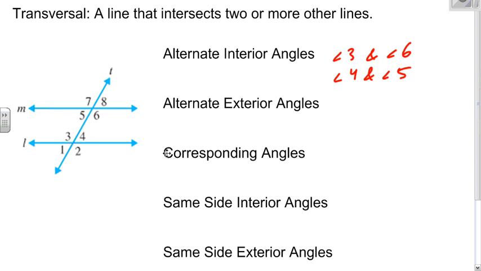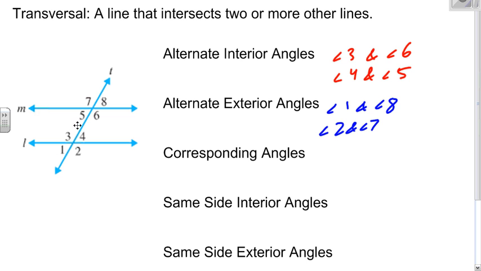Similarly, alternate exterior angles are outside the two lines, and on alternate sides of the transversal, so that would be angles 1 and 8, and also angle 2 and angle 7. Corresponding angles are just in the same corresponding spots.